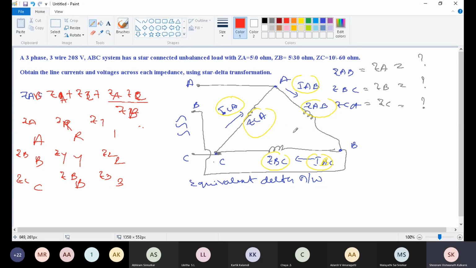See here. In the question they have given us 208 volts.